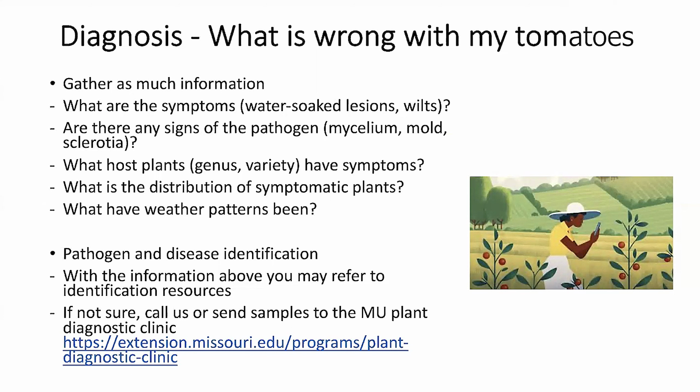With this information, there might be identification resources that could pinpoint or narrow down to potential diseases and or pathogens, but it is a good practice to get a few samples and send these over to a diagnostic clinic, such as that at the University of Missouri. And I have placed a link here that will provide more information.